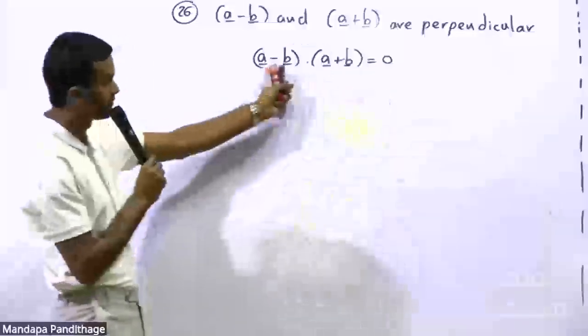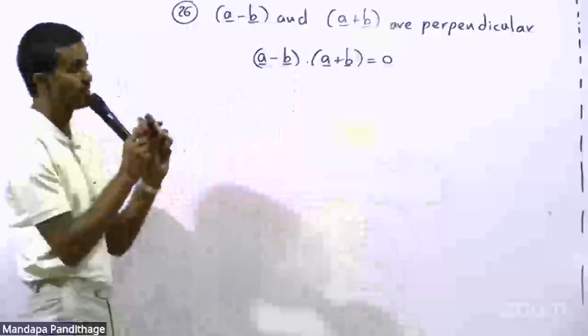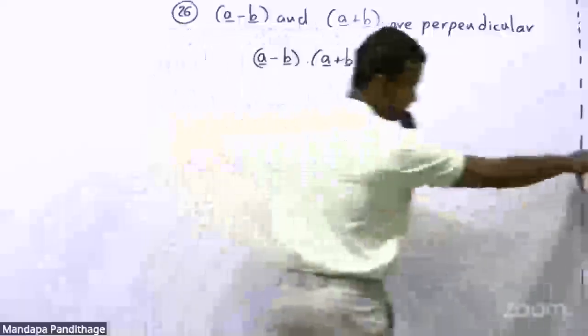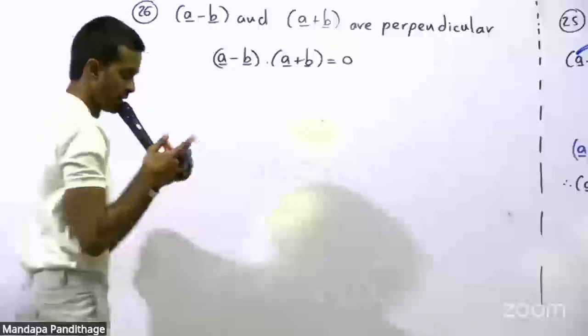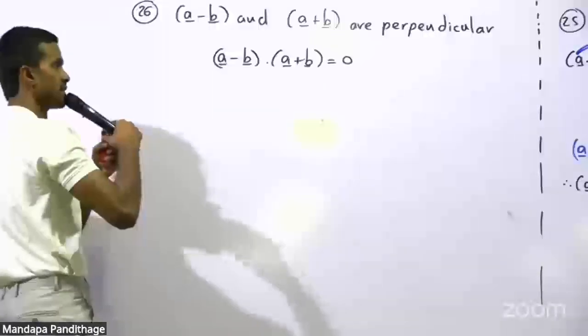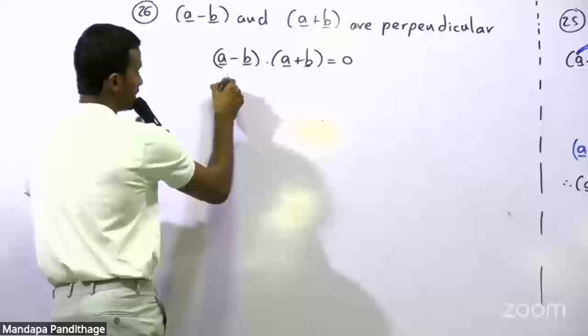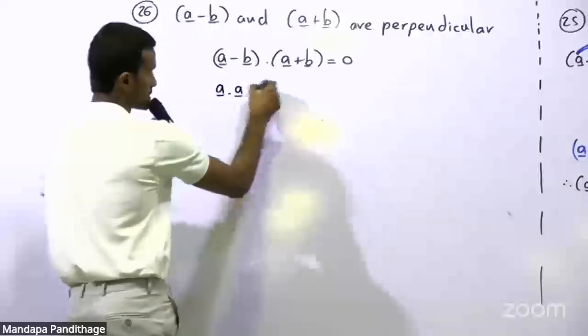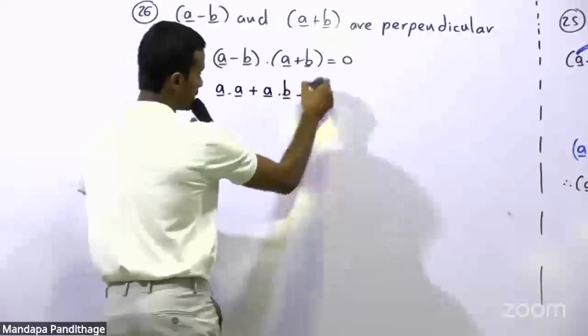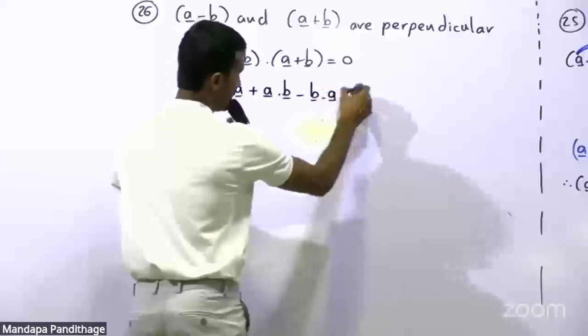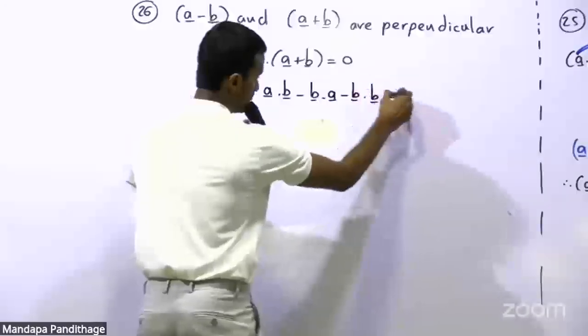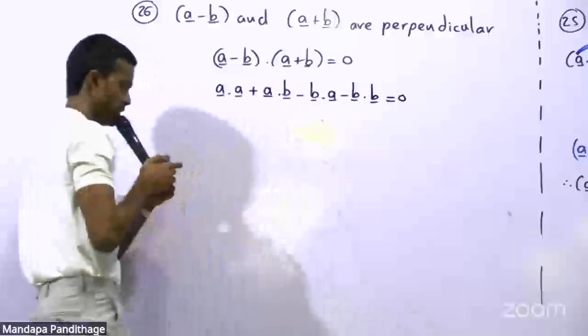So now they have given this is equal to this. Previously we had to show this, and now this one is data. Now when you simplify this, it's A dot A plus A dot B minus B dot A minus B dot B is equal to 0.